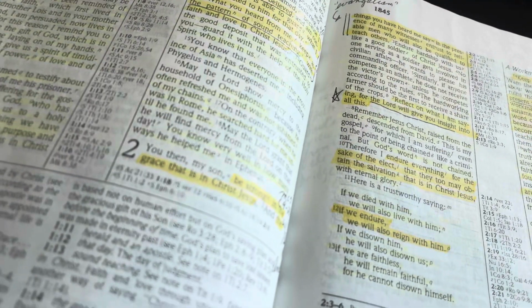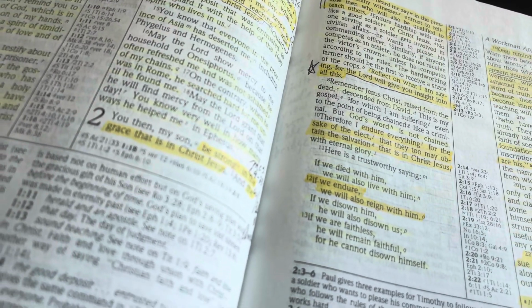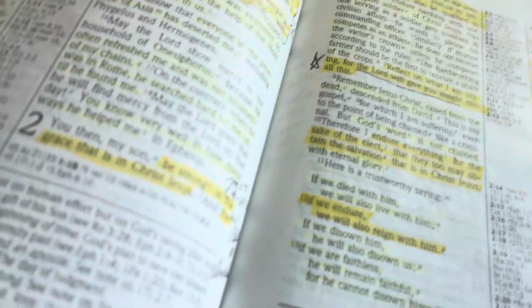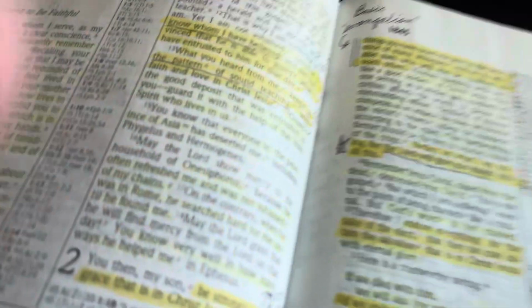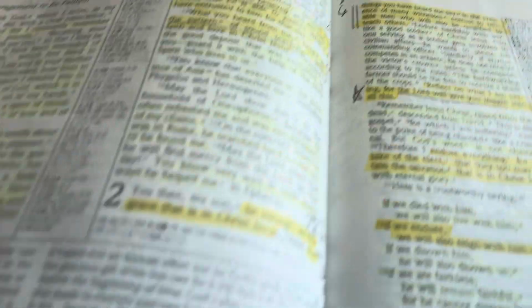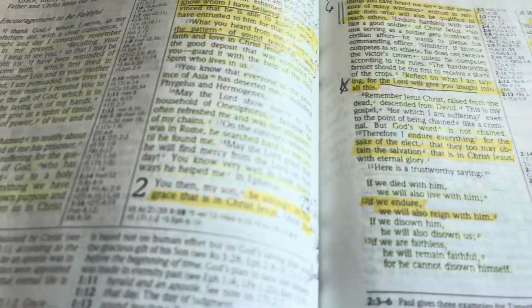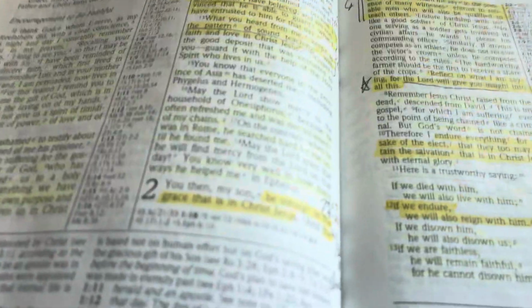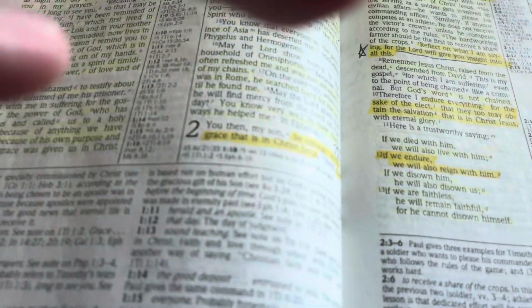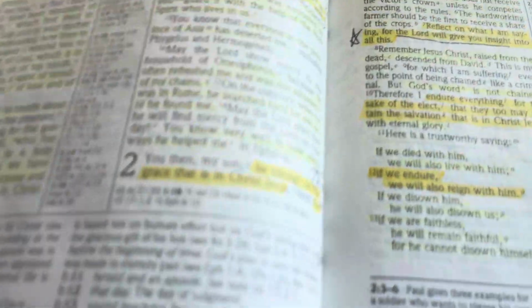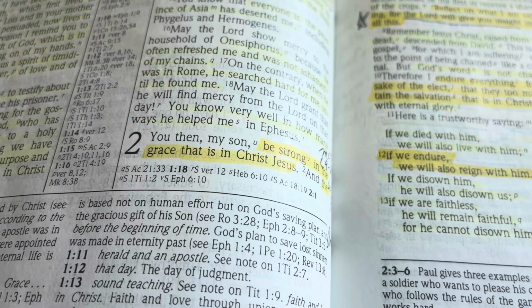This is in the book of 2 Timothy. 2 Timothy 2. If I could read it. Let's see if it focuses too. Yeah, let's see if I could fix the tripod a little bit. There we go. Alright, let's see. 2 Timothy 2.